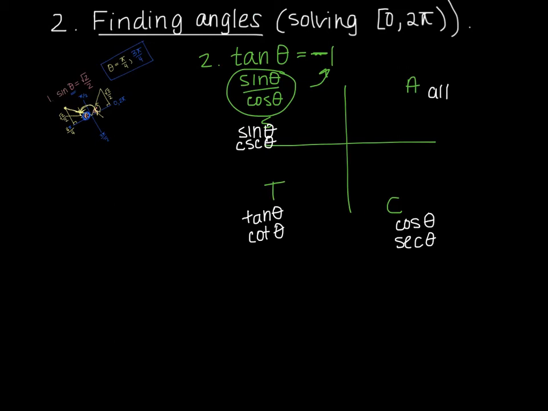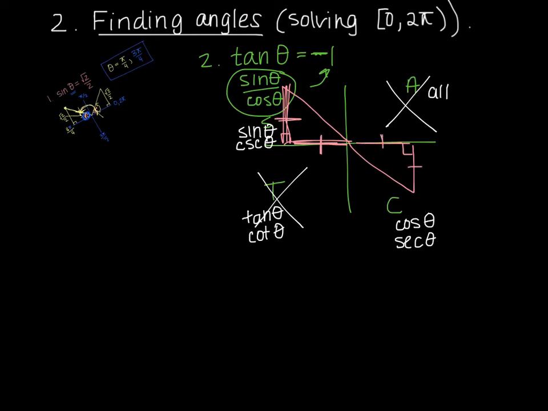So I have tangent being negative. Tangent's positive in 1 and 3, so I know my triangle must exist in 2 and 4. And now I'm just trying to figure out what type of triangle it is. Again, if this ratio is the same, that's the only way they're going to divide to be a 1 or a -1.